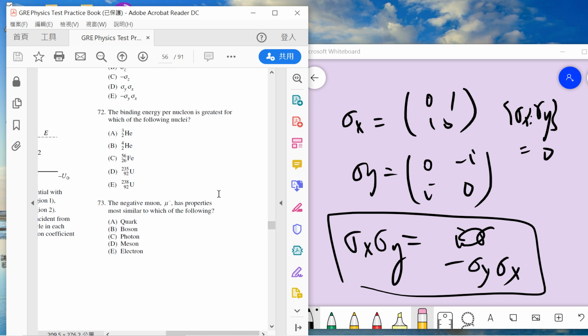Basically, the muon is a lepton. So which one is the lepton? The answer is electron. Also the muon is an elementary particle. From the standard model point of view, the electron is also an elementary particle, and electron and muon are both fermions, both with negative charge. So the answer is electron.